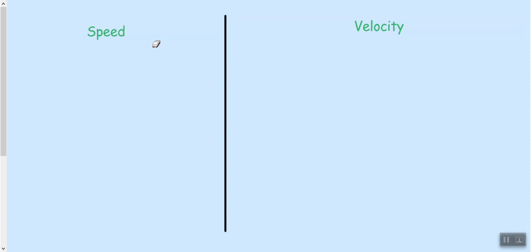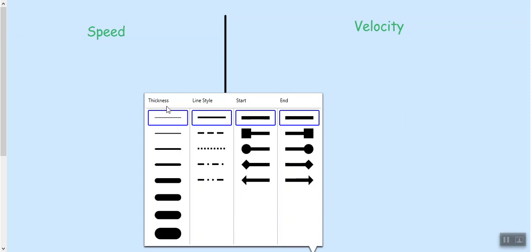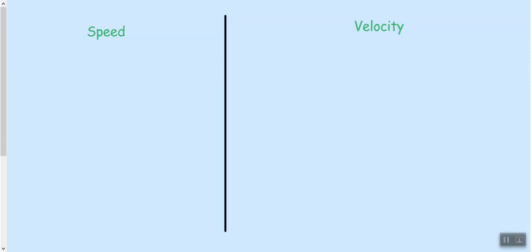So let's move now into speed. What is speed? What is velocity? Speed is a scalar quantity, that we will be talking about. Let me write it down. It's a scalar quantity.